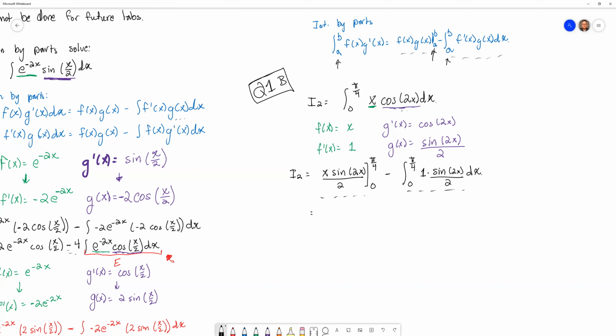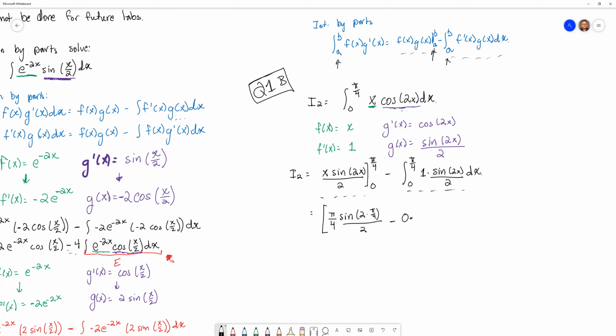So to do this, actually, I said we'll wait, but we'll just do this. We'll do operations on both of these terms in each step. So this from 0 to pi by 4 is going to be square bracket pi by 4 sine of 2 times pi by 4 over 2 minus the 0 version.